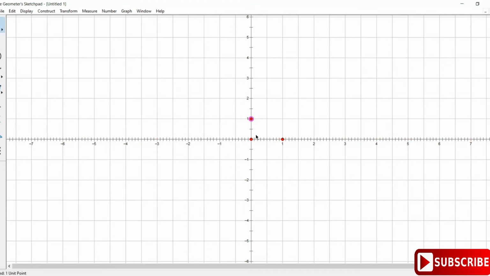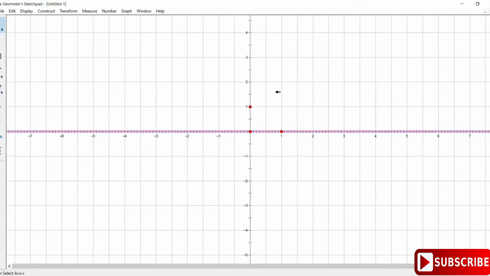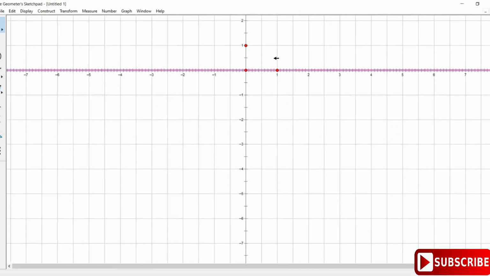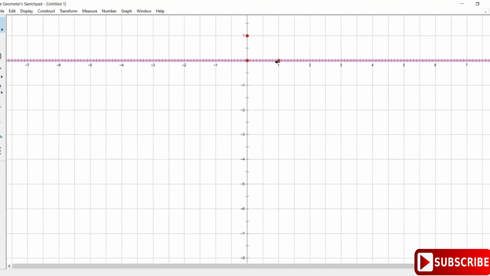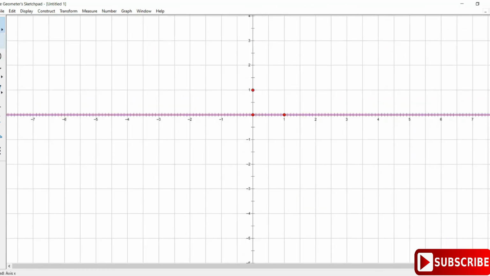And then the y value is minus 8 over 9, so we just want to move it up. Okay, this is fine. 14 over 9 is here, then minus 8 over 9.